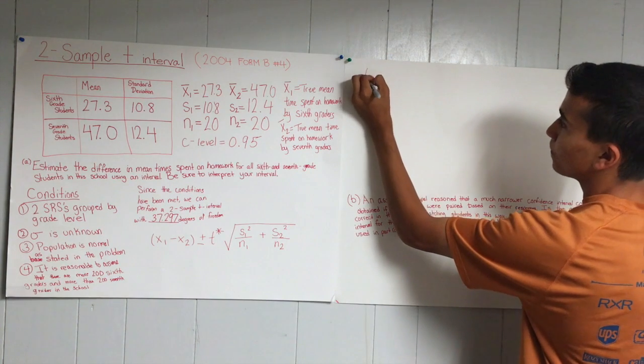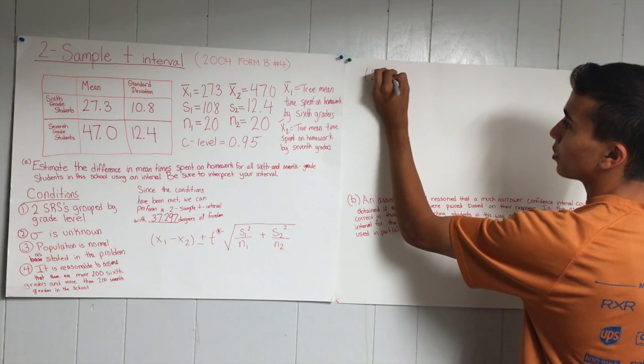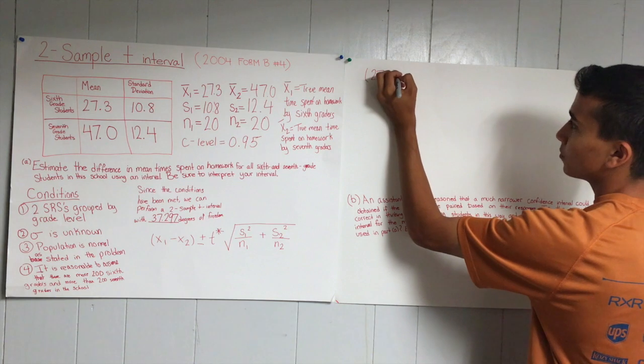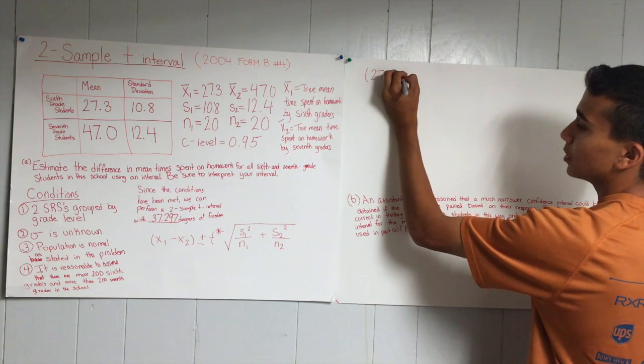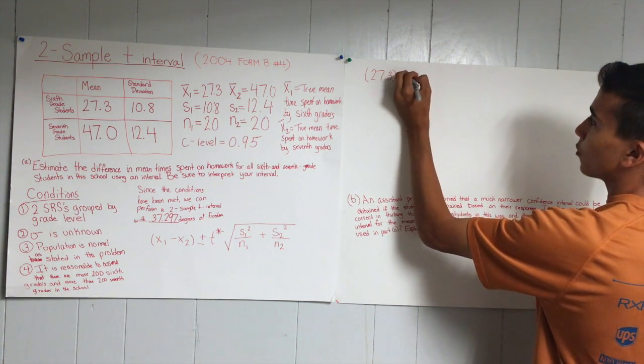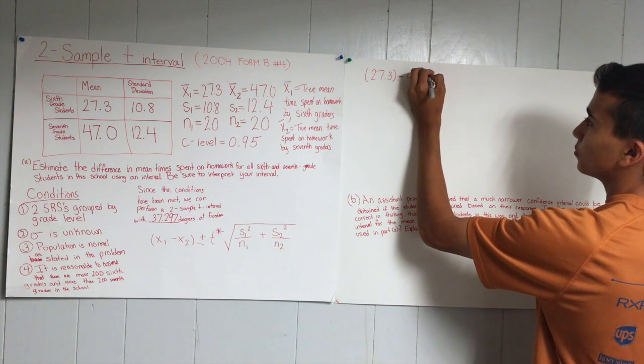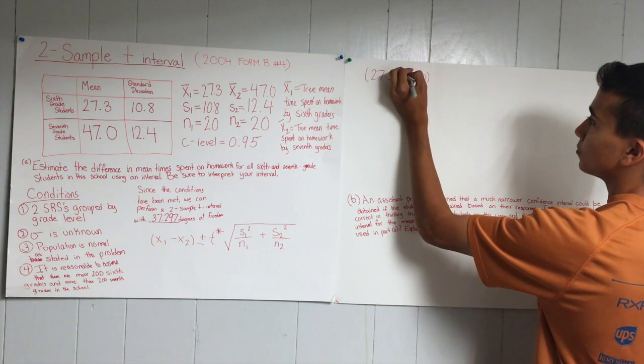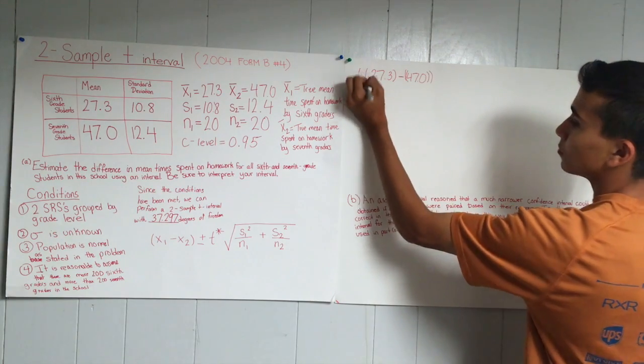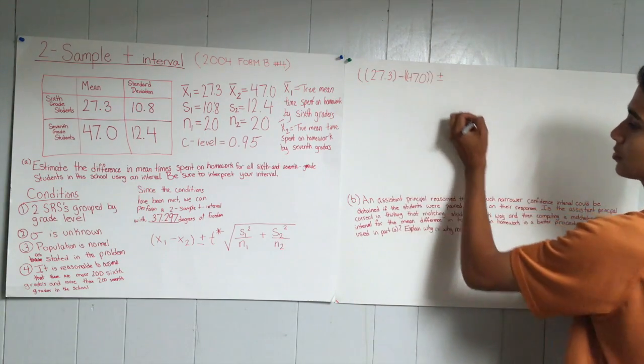So you're going to get 27.3 minus 47.0 plus or minus.